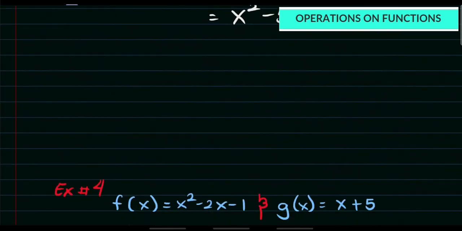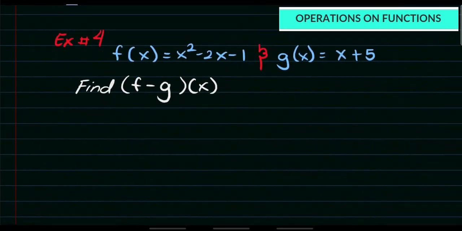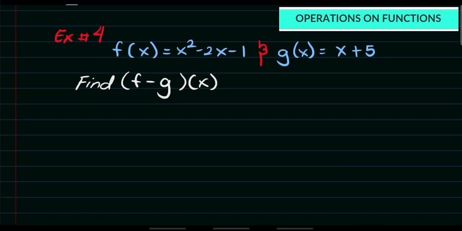Now, let's have another example for subtraction. For example number 4, let's say we have f of x equals x squared minus 2x minus 1, and the second function is g of x, which equals x plus 5. We subtract, so we have f minus g of x. This equals the function f of x minus the values of function g, our second letter.